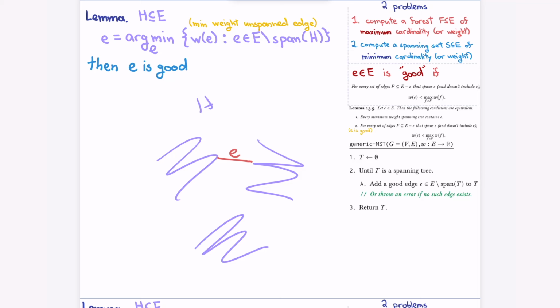And that would be very convenient algorithmically because we can just find sets H that justify our next choice, right? It would immediately justify our greedy algorithm: keep taking the next unspanned edge of minimum weight. So if we can just get this lemma, then we're really in the clear.